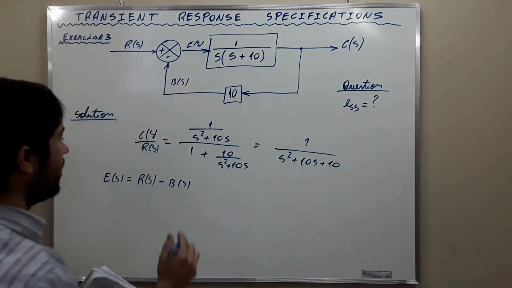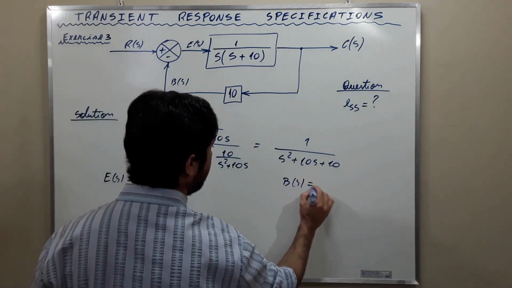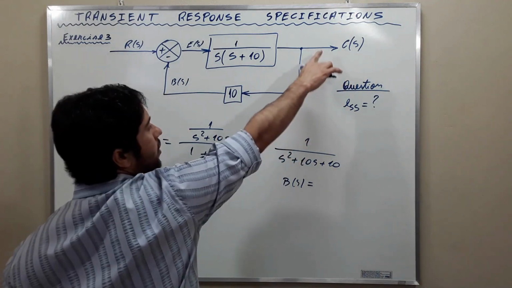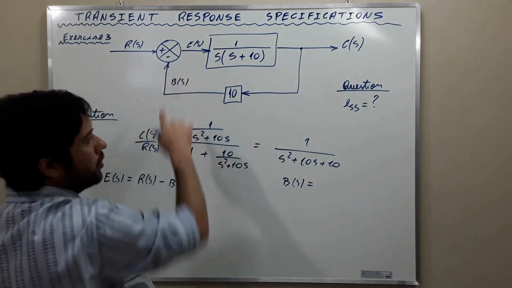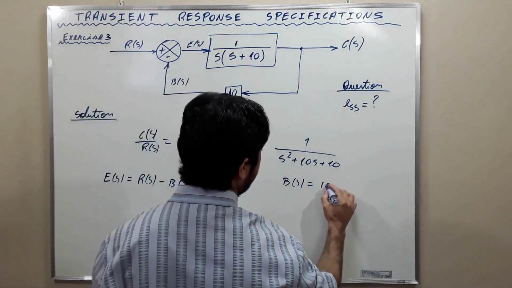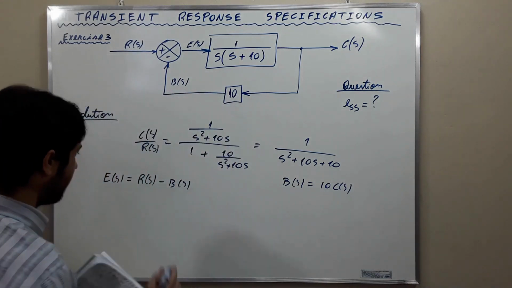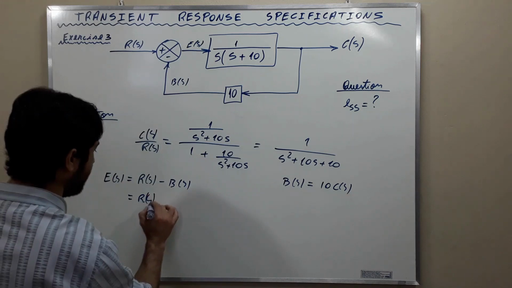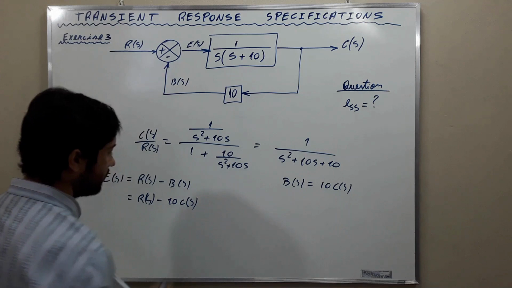But B of S, as you can see, is 10 times the output because it is a feedback loop here. Okay, 10 times C of S. Then we substitute it here. Okay, it is R of S minus 10 times C of S.